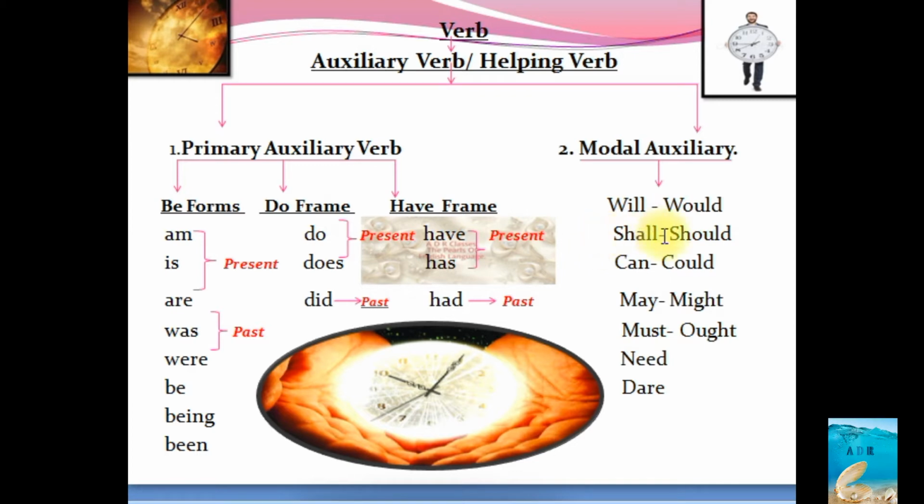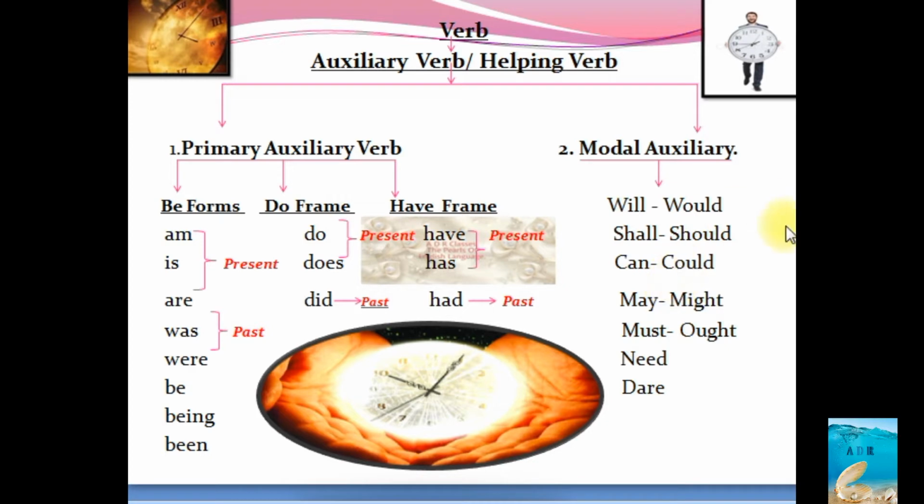There are basically 10 to 12 modal auxiliaries. In some books they only tell will, would, and so on, all separately. For your convenience I have put them together in a table. If you read any grammar book, the things will be given in separate form, but for easier learning I have put it into this table.